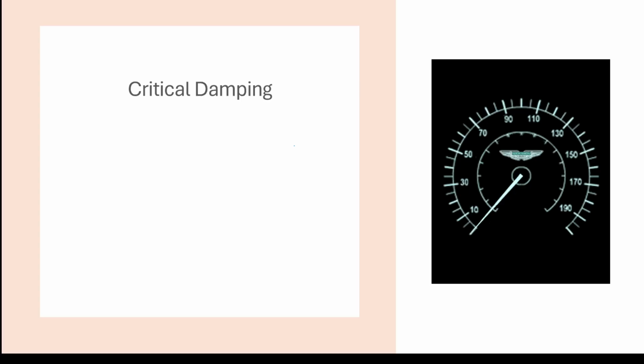Another kind of damping is critical damping, where, as you can see, this needle is going to 120 and coming back immediately. The oscillating body comes back to the original position without oscillating at all.